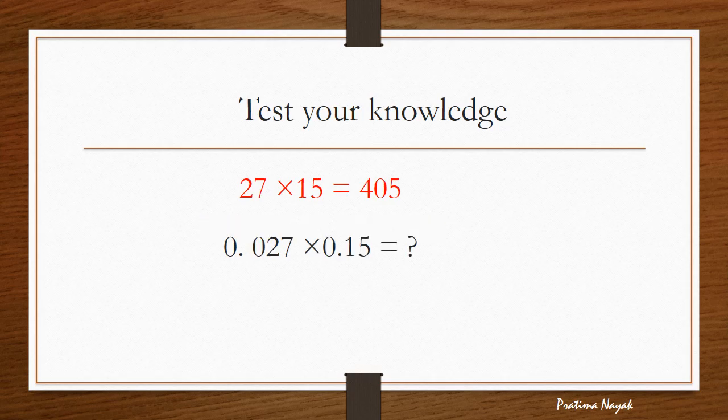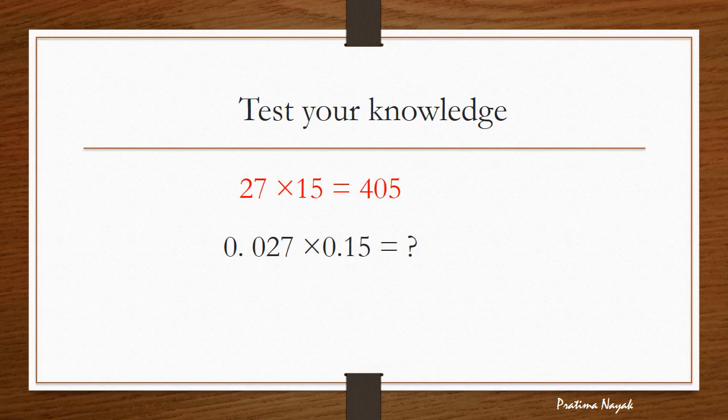This question, 0.027 into 0.15. Count the digits. That is 3 places in the first number and 2 places in the second number. So the total is 5. The result digits will be the same, only the decimal will shift 5 places from the right side.